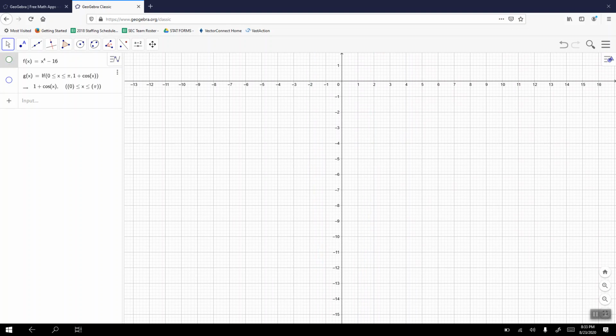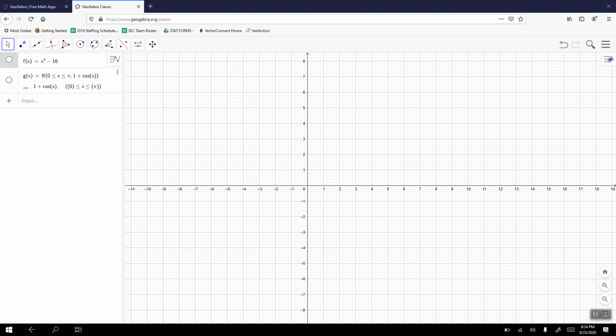Now let's look at the other function, which was 1 plus cosine, where it's bounded between 0 and pi. If we look at that function, we can clearly see that this is a one-to-one function because we can draw a horizontal line at any given point on this graph, and it will only intersect that function once.